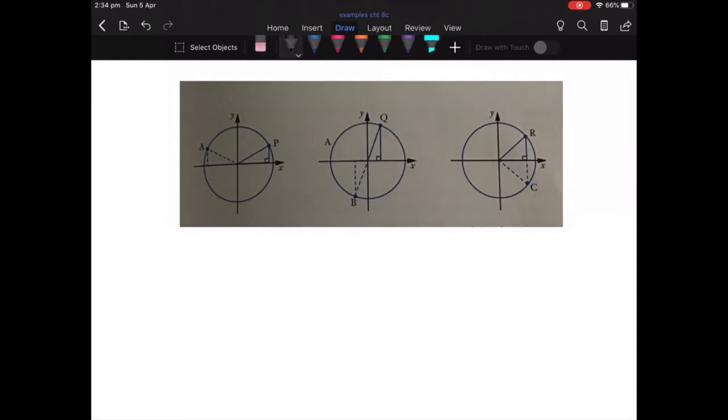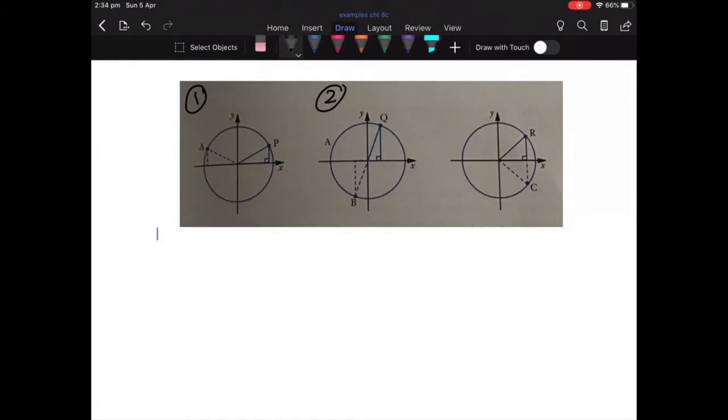If we look at this first circle, the triangle on the left with the point A, we can redraw in the first quadrant where we've created point P. Point A and point P will be the same except the signs will be different. Point P has a positive x and a positive y value, and point A will have a negative x and a positive y value.